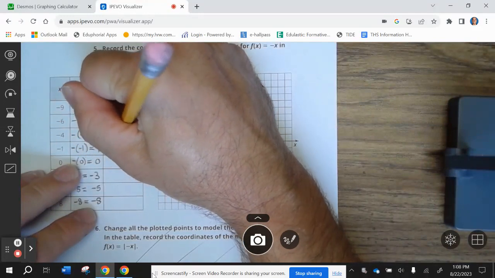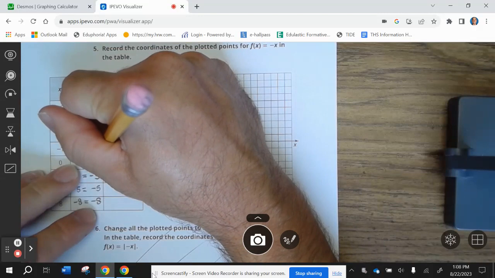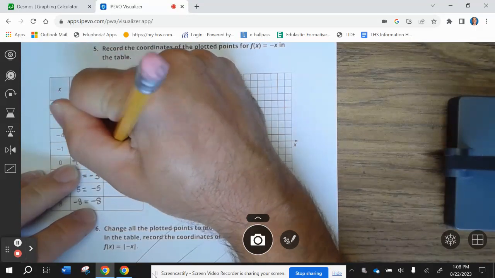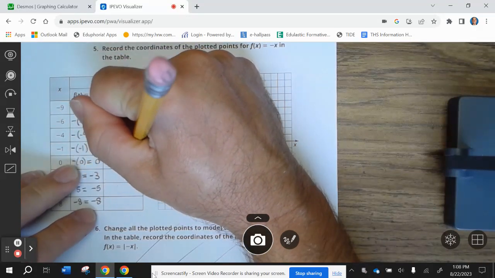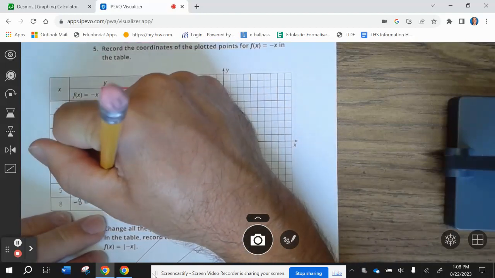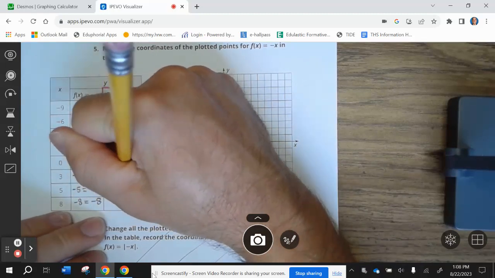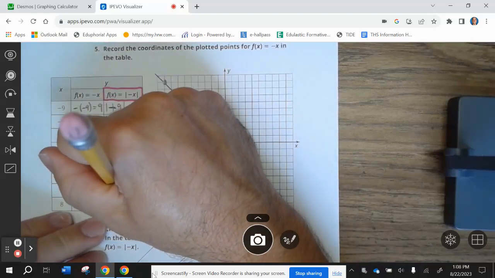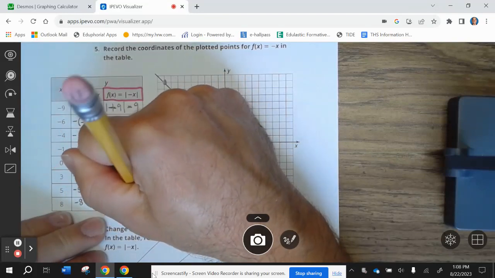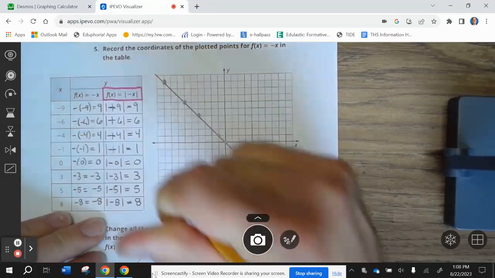Negative times a negative 4 equals the absolute value of positive 4, which is 4. This becomes negative times a negative 1, which equals positive 1, which equals 1. This is negative times 0, which equals 0. Negative times 3, the absolute value of negative 3 is positive 3. Negative 5, the absolute value of negative 5 is positive 5. Negative 8, absolute value of that is 8.